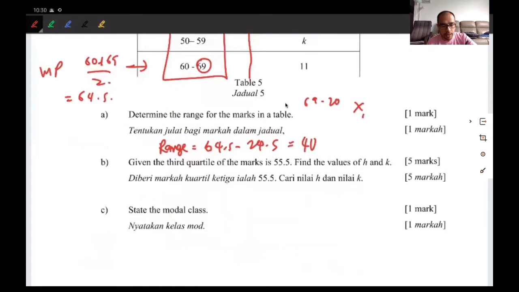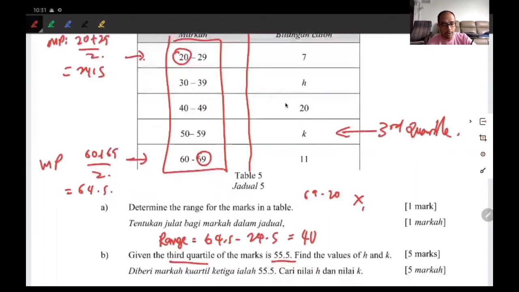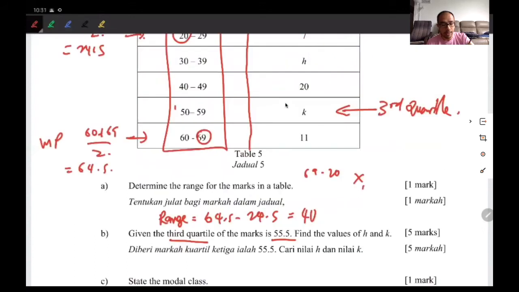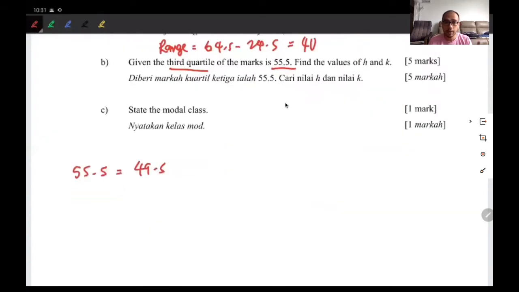Okay, given the third quartile is 55.5, find the values of h and k. This is very important. If this is the third quartile, then you know that you can put in the formula already. So 55.5 equals the lower boundary of the third quartile, which is 49.5. Sorry, are you not aware of this?